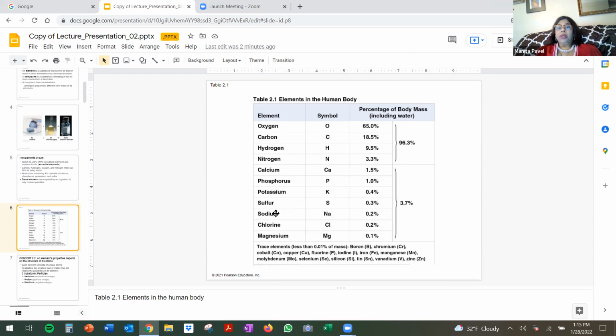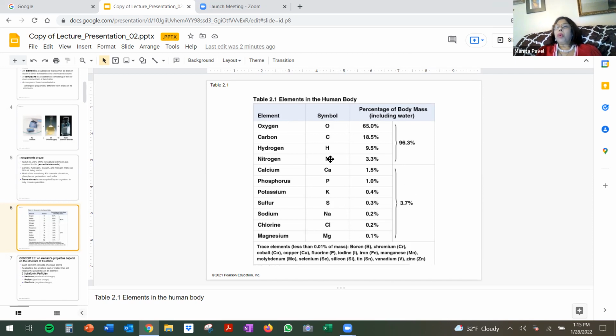Now you notice sodium is not S because S was sulfur. Sodium is derived from a Latin name, natrium, therefore the symbol is capital N lowercase a. Chlorine is a gas, Cl, magnesium, Mg. And there are many more elements in the periodic table.